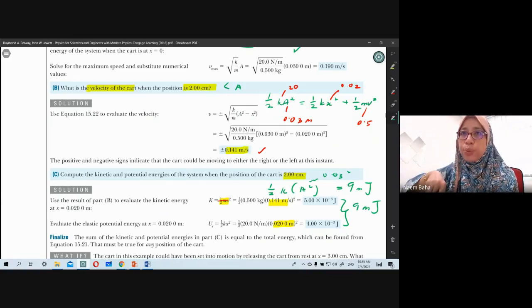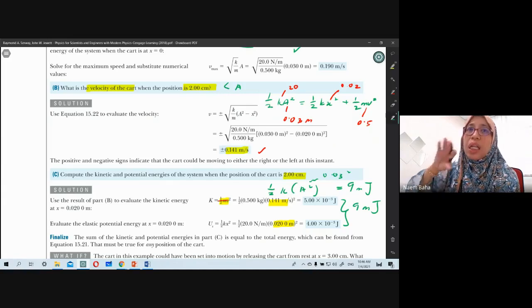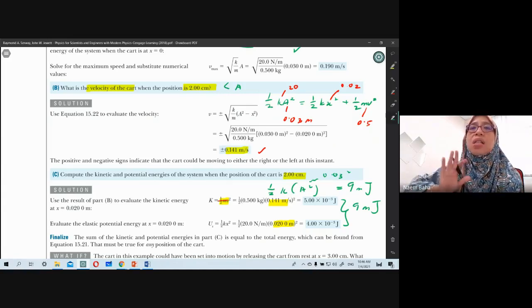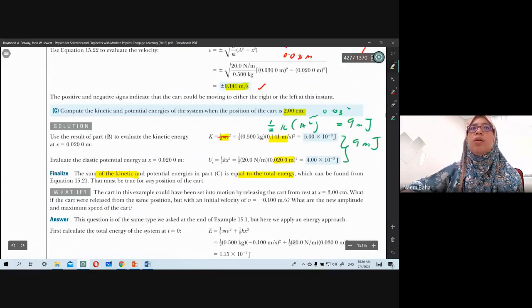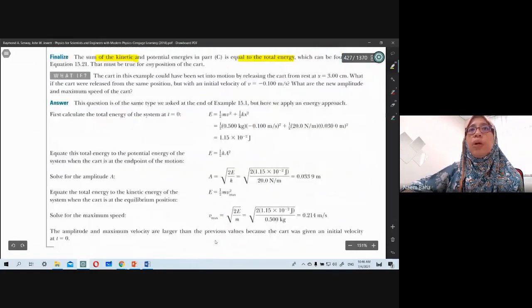Same value, and as well equivalent at 2 centimeter, which is less than amplitude. Their energy is conserved. It's just interchangeably changed. So the sum of kinetic energy and potential energy is equal to the total energy.